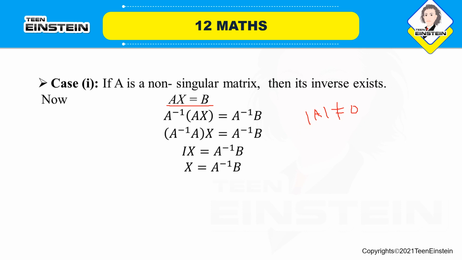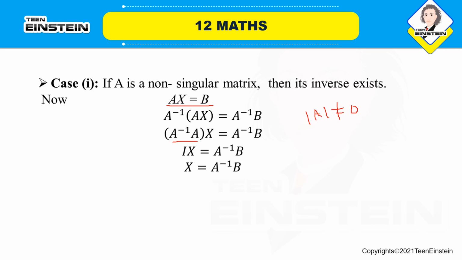So I have pre-multiplied the above equation by A inverse on both sides. A inverse of AX equal to A inverse B. Now group the first two matrices, A inverse into A, like this: A inverse into A into X equal to A inverse B. What is A inverse into A? We know that it is an identity matrix.